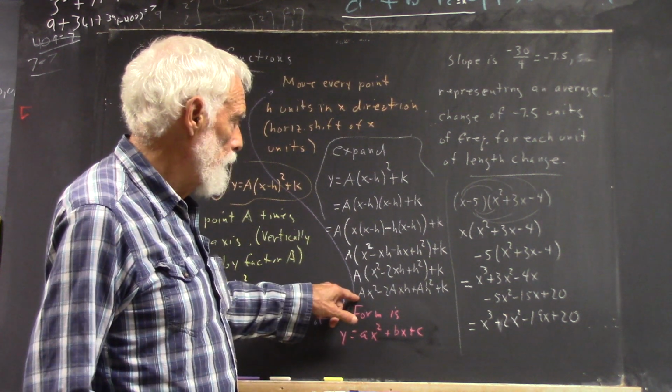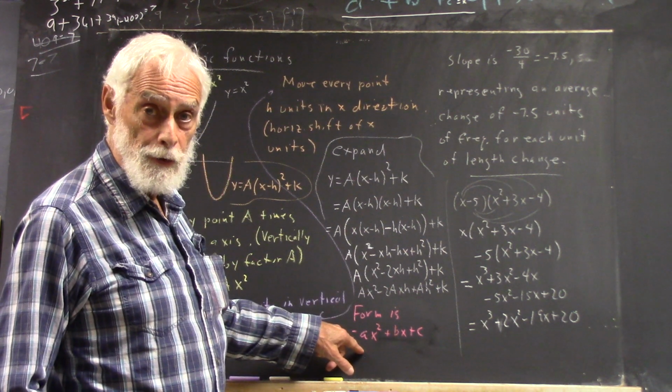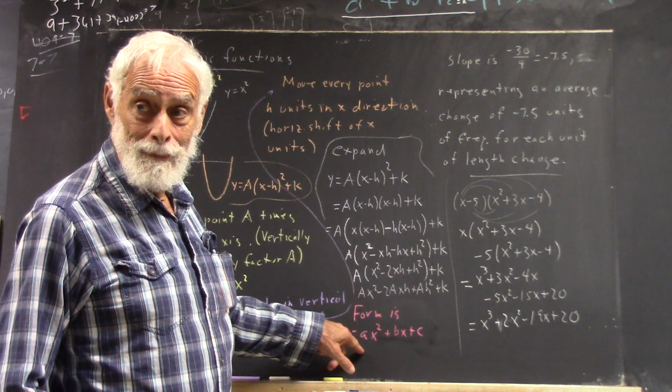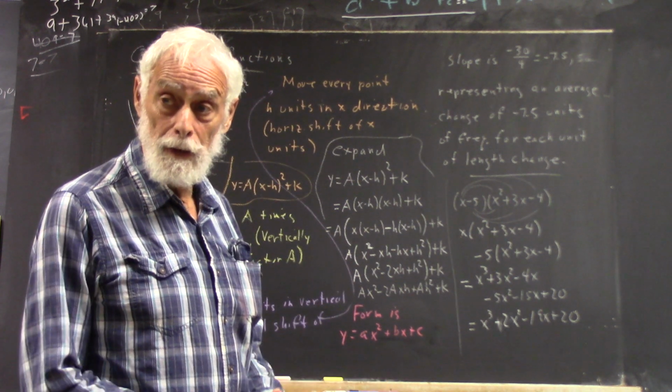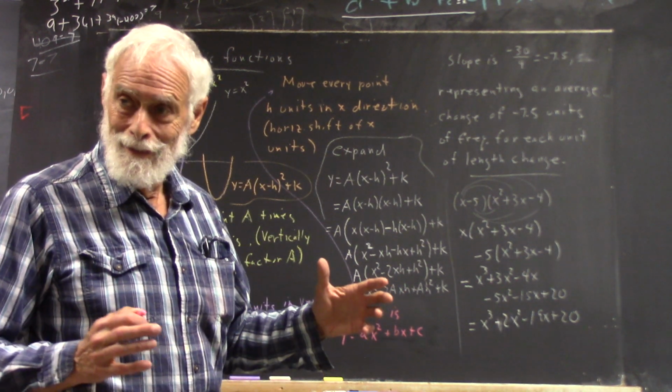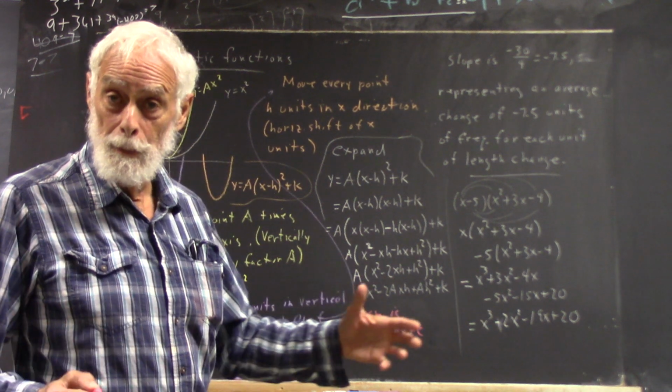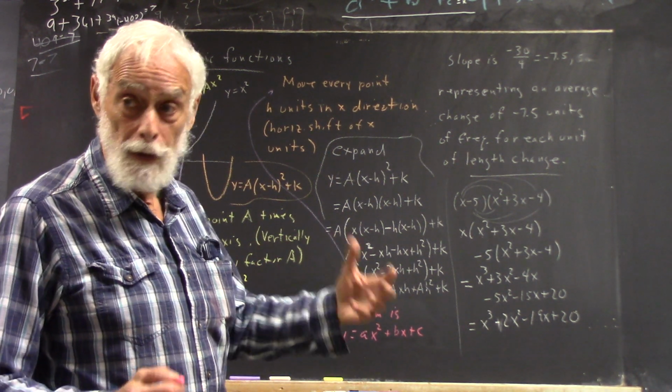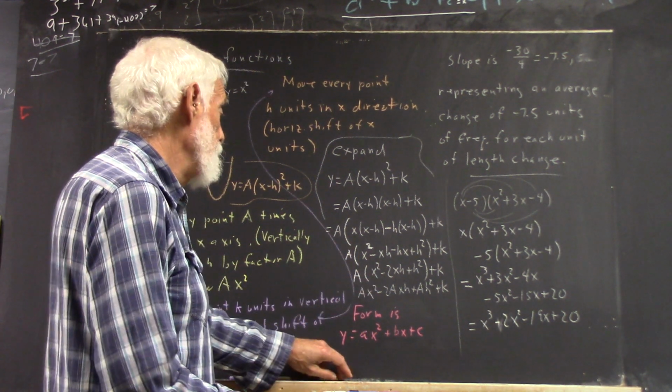Little a and big A turn out to be the same thing here, but they're not generally the same. A variable is case sensitive. If it's a little a, it can be different from what you mean by big A. They're different variables.